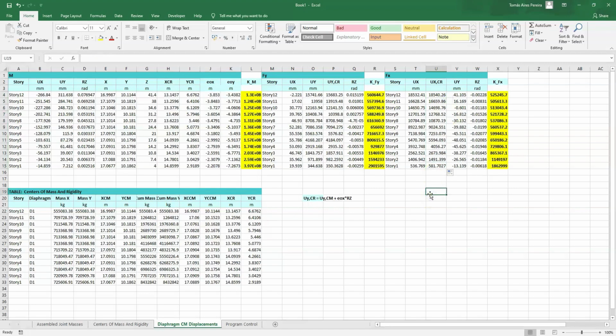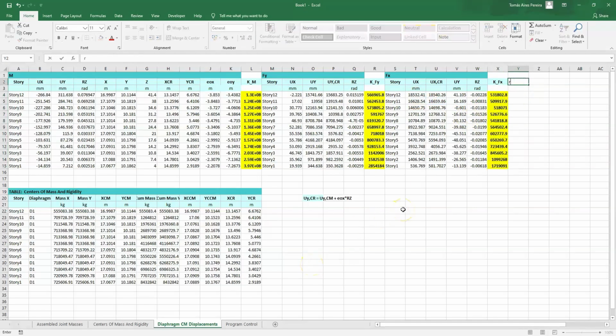Now we are going to update the stiffnesses in the two translational directions, using not the initial displacements at the centers of mass, but the estimated displacements at the centers of stiffness for each story. We are going to see that there are some changes.